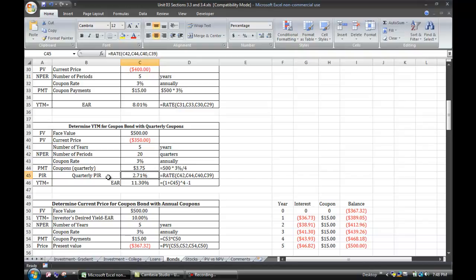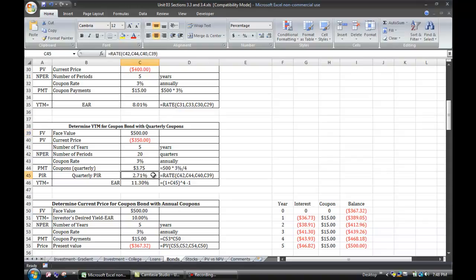Since we're dealing with quarterly coupons, we're now dealing in quarterly. So the quarterly rate is simply C42, number of quarters, not years, quarters. The payment in each quarter is this $3.75. Present value is C40, 350, C39. Now we have the right C39 as in $500.